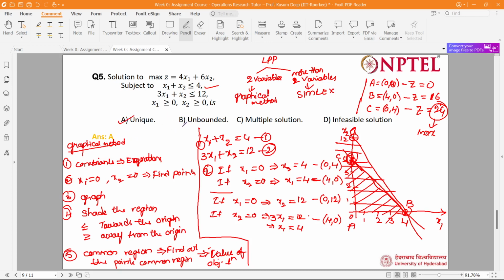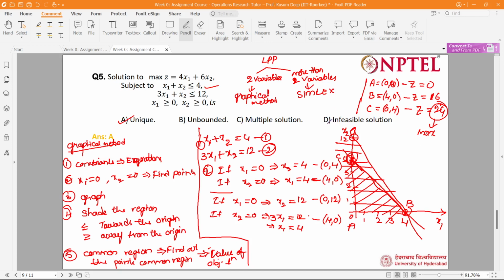Other options are unbounded, multiple solution, infeasible solution. Unbounded means if the region is going to infinity, then we can say it is unbounded. And if we find the same solution at another point, then you can say there are multiple solutions.